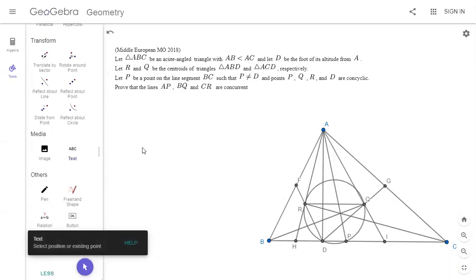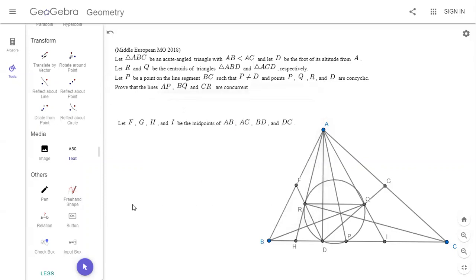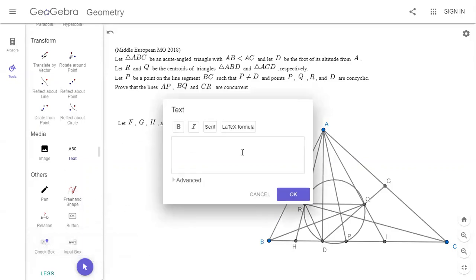Okay. So let F, G, H, and I be the midpoints of AB, AC, BD, and BC. Okay. So AR over RH equals 2.